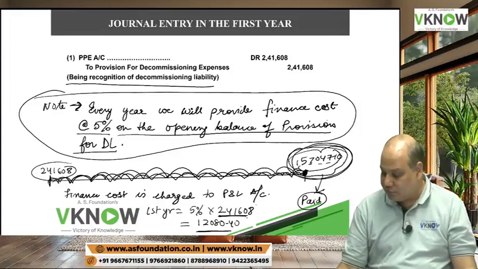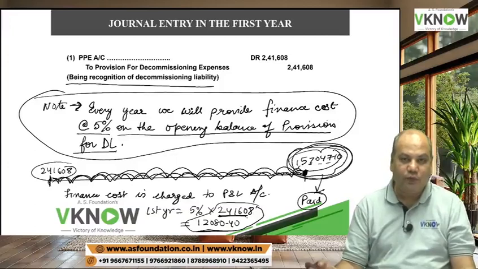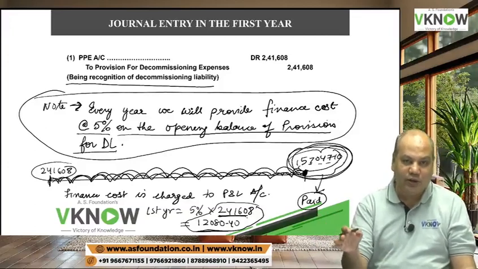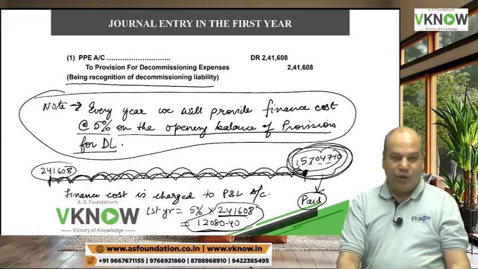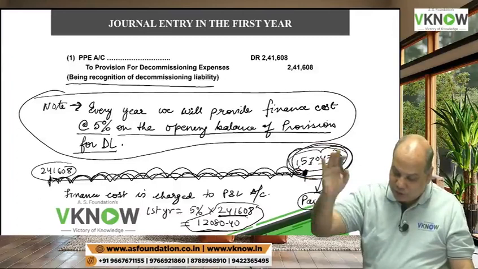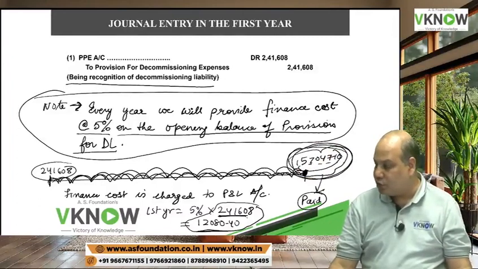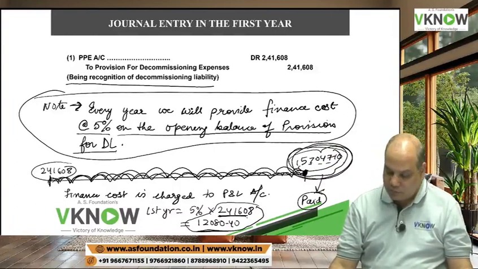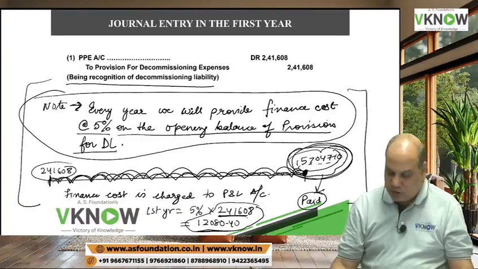Next year, take the total of this, again take 5%. Next year, take total of principal and all interest added. That means you will do compounding. Only if you do compounding at 5%, after 40 years, the balance will become 157,04710. So you have to keep adding 5%. So don't worry about this. This is not the current requirement.